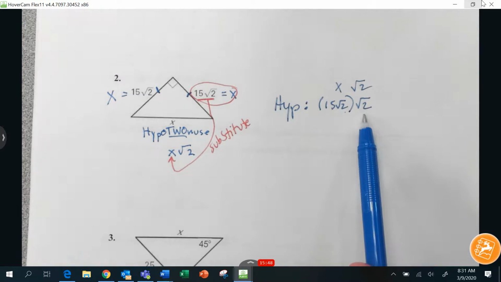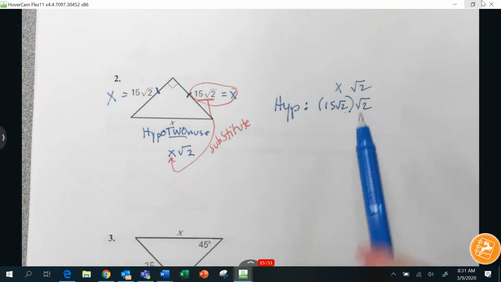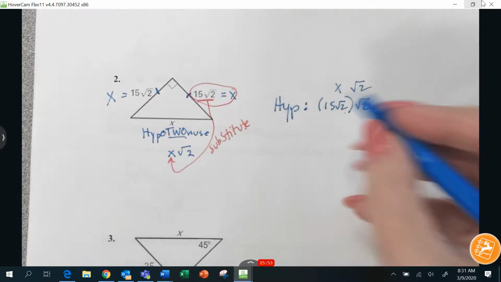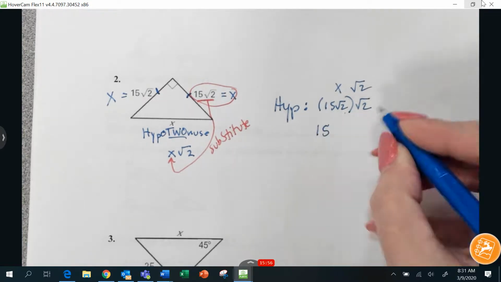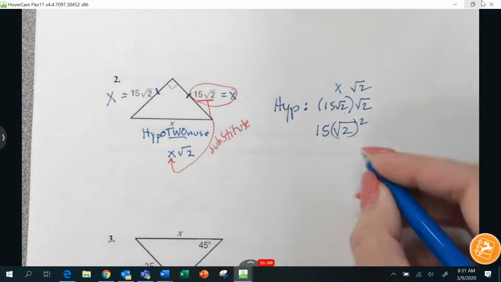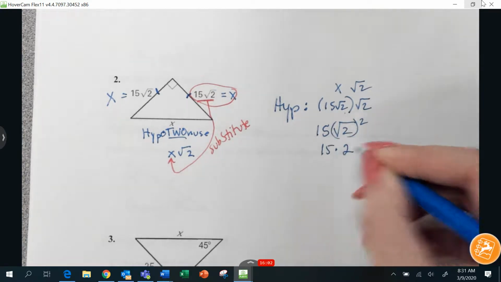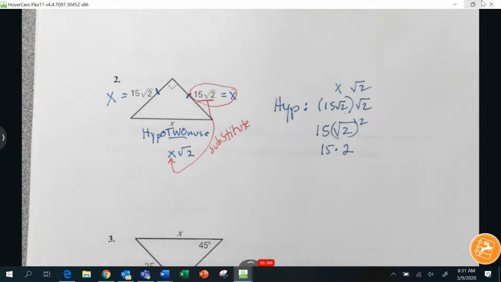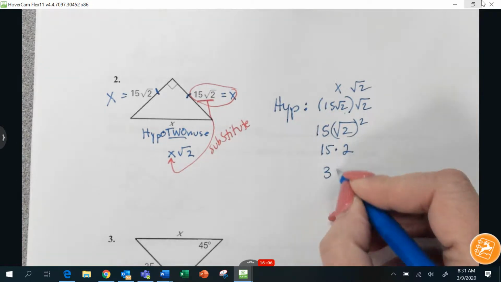It will just be 2, yeah. What did you do in your head to get it? Squared it. Is that what you were saying? Yeah, so she said 15 times square root of 2 squared is just 15 times 2. So our hypotenuse is 30.